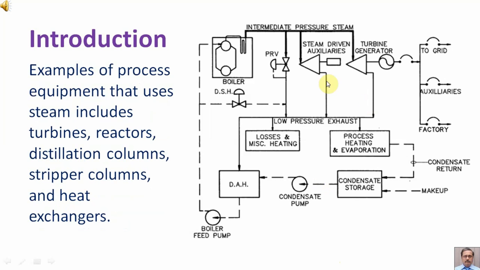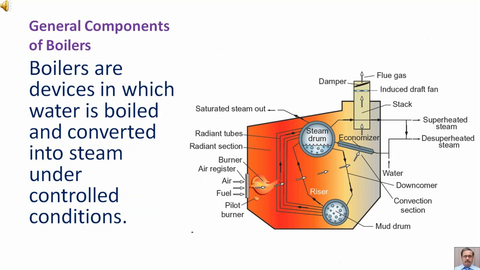Examples of process equipment that uses steam include turbines, reactors, distillation columns, stripper columns, and heat exchangers. Boilers are devices in which water is boiled and converted into steam under controlled conditions.